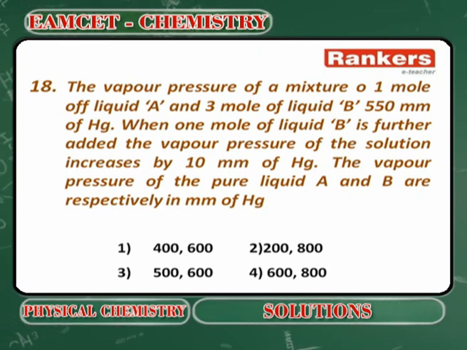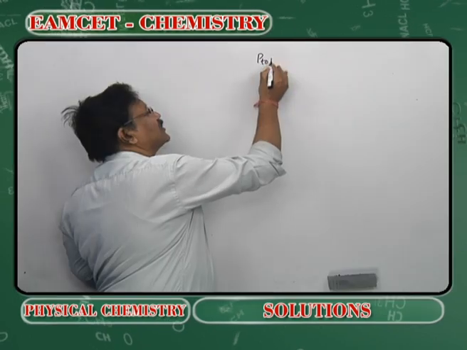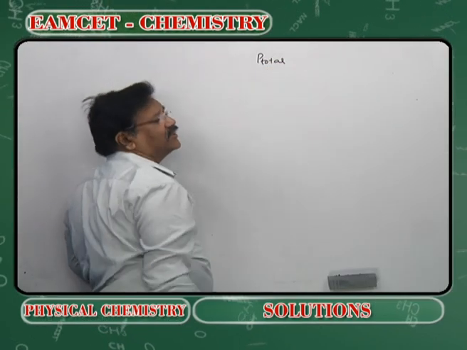The vapor pressure of the mixture of 0.1 mole of the liquid. This is an example for Raoult's law for a mixture of two miscible liquids. What is the Raoult's law expression for a mixture of two volatile liquids?